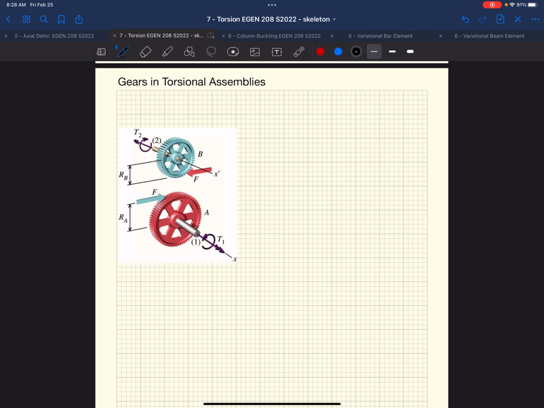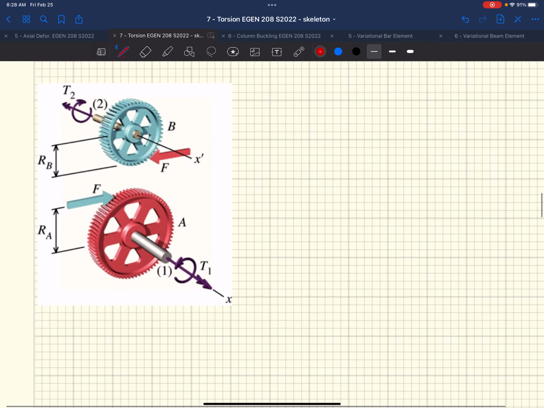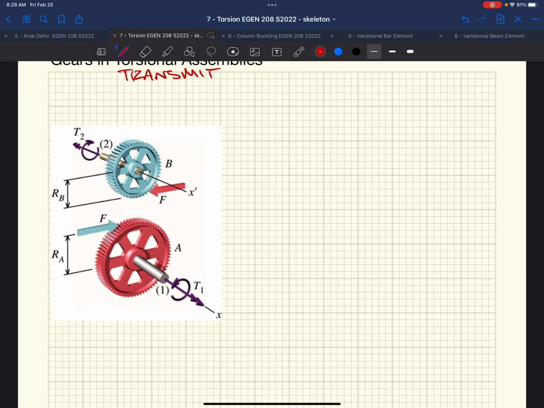And we use gears and torsional assemblies to transmit torque and rotation, right? They allow us to change directions. They allow us to amplify torques, change speeds, change rotation angles.